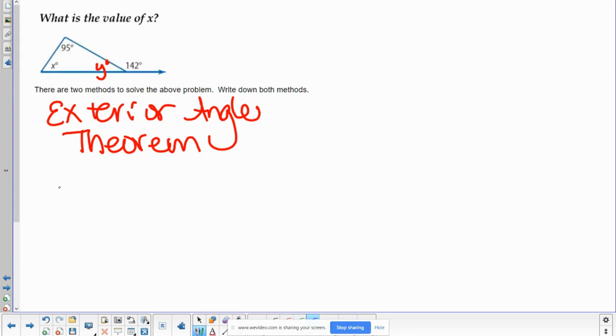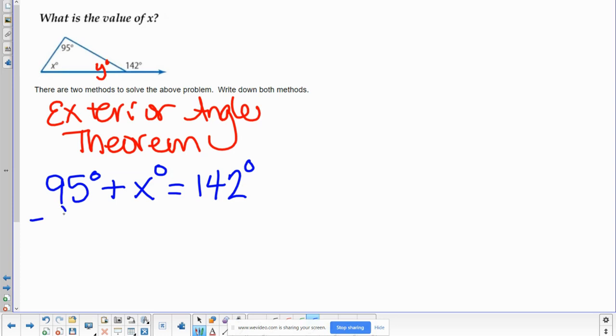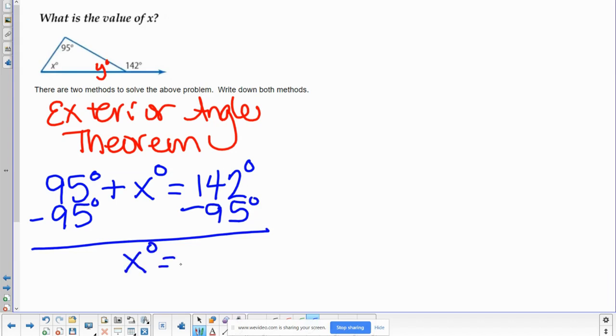So I'm going to write 95 degrees plus x equals 142 degrees. I know we're starting out simple, but I still want you to write it as an equation so you get used to solving in an equation format. Since our unknown is x, we subtract 95 degrees from both sides, and we learn that x is equal to 47 degrees. So we just learned that this interior angle right here is 47 degrees.